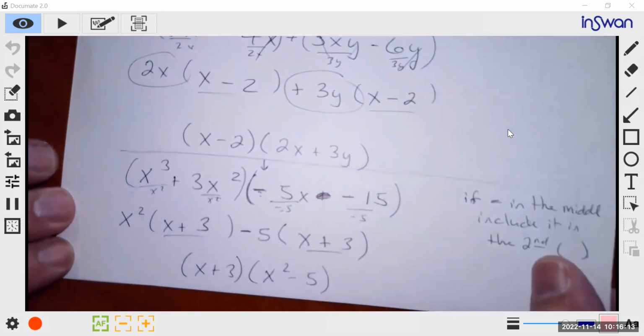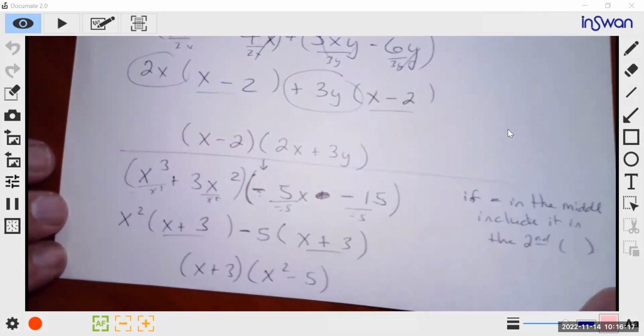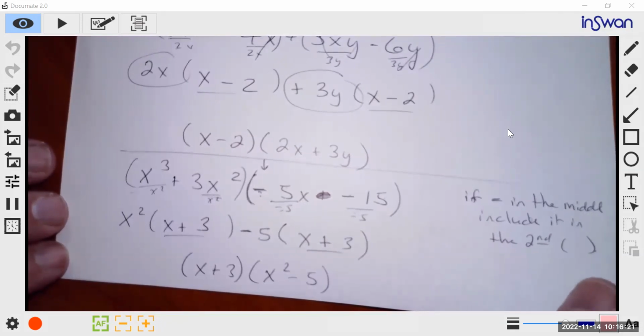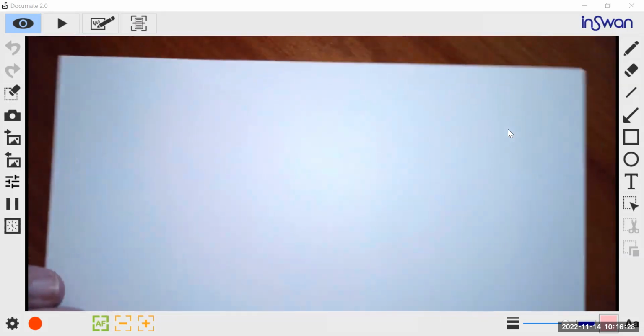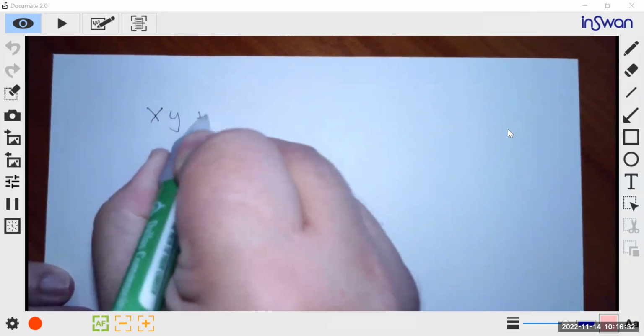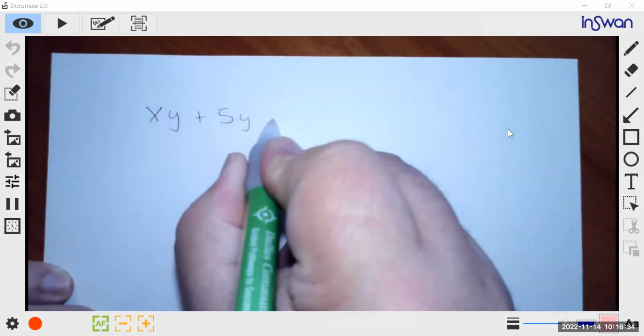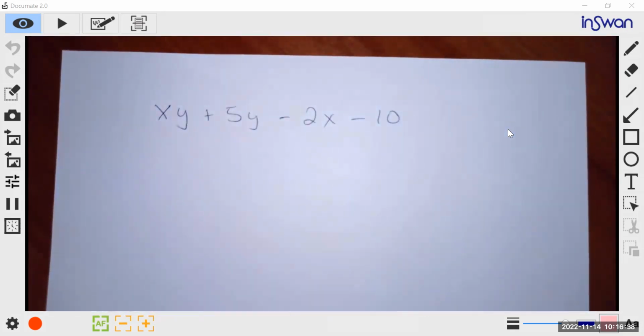Let's try another one of those negative ones. We have xy plus 5y minus 2x minus 10. We're doing what we're doing by grouping now.